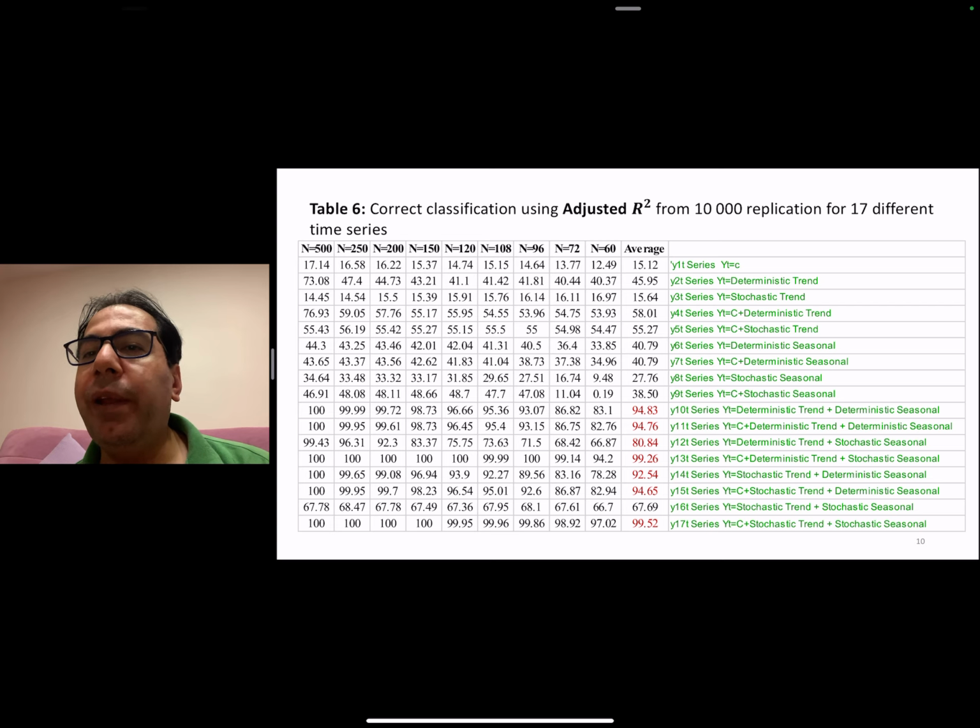But if you have very few terms, the adjusted R square is not really that successful. But if you know that your time series should have many terms, you can use the adjusted R square as well.